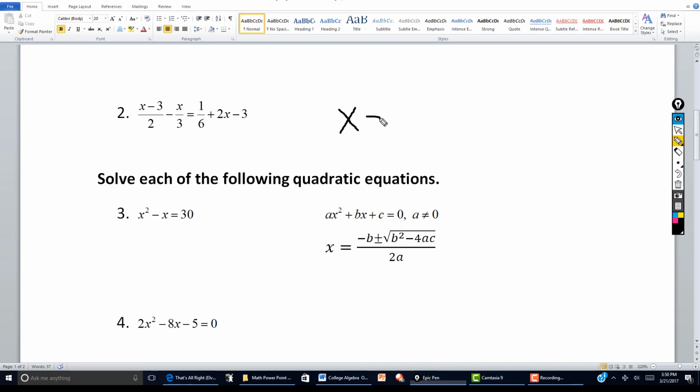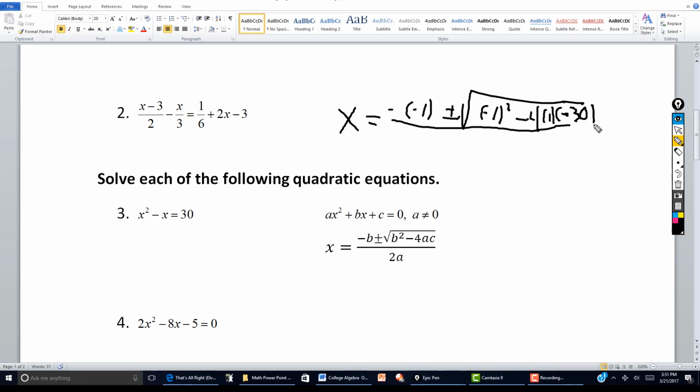So I would have x is equal to minus b, but in this case b is -1, so it's negative times a -1, plus or minus the square root of b squared, but b is -1, so it'd be -1 squared, minus 4 times a, which is 1, that's the coefficient of the x squared term, and c is -30. And that's over 2 times a, which is 1.